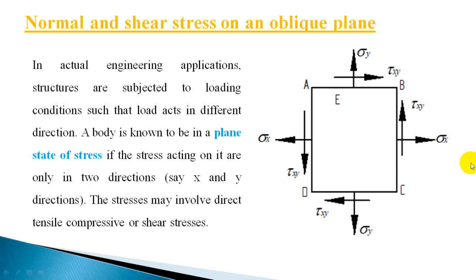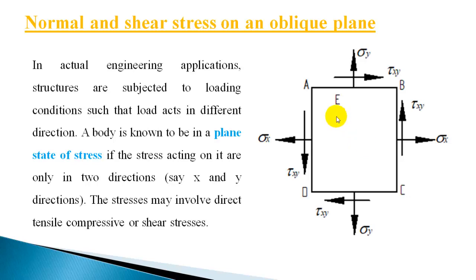So we should know what the maximum stress induced in the body is when the load acts in different directions. Maximum stress in such cases will be different from sigma x, sigma y or tau xy. So we need to find out the maximum normal and shear stress induced, and also we can find out the stresses on a given plane.